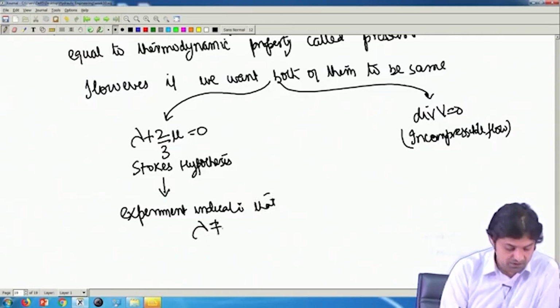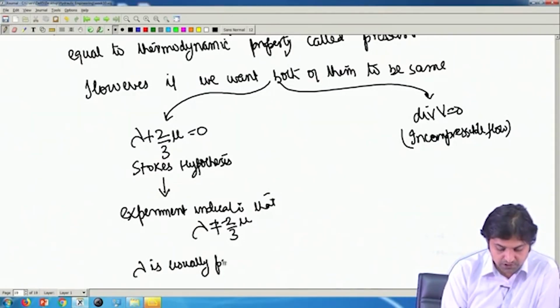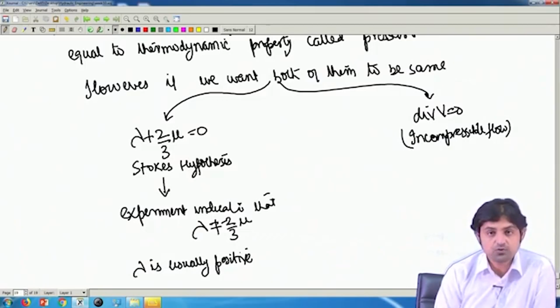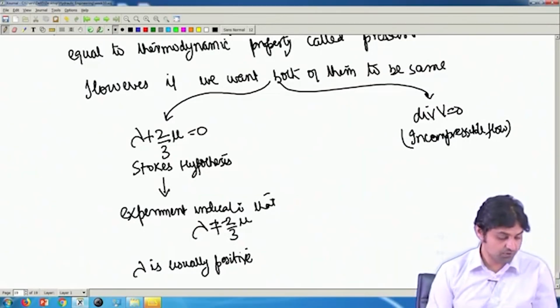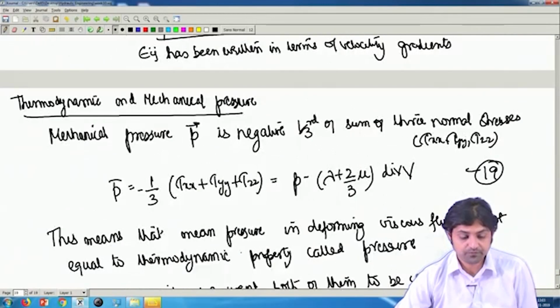So lambda is generally not equal to minus 2/3 mu. The Stokes hypothesis is rarely satisfied.